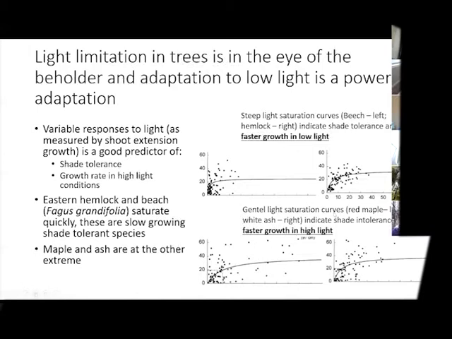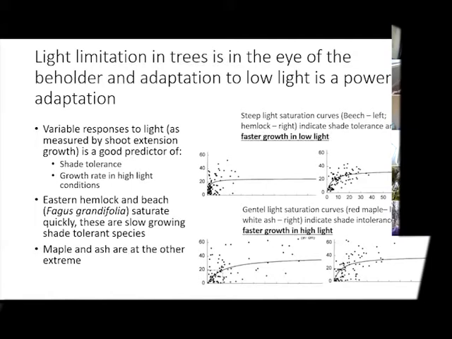Now, contrasting that with red maple and white ash in their paper, the slope here is pretty gentle. These species take quite a long time to reach their maximum photosynthesis rate.